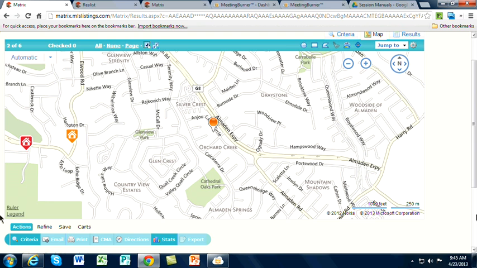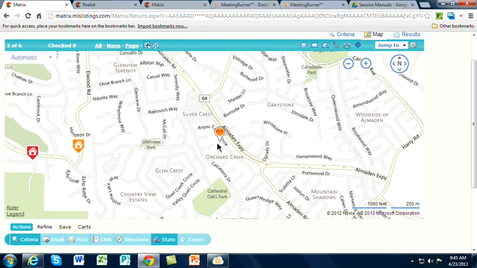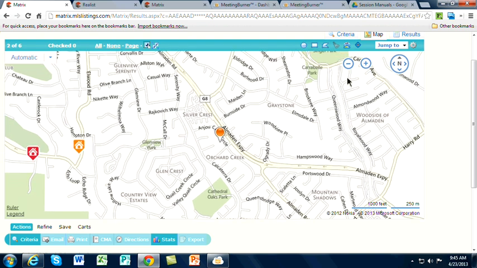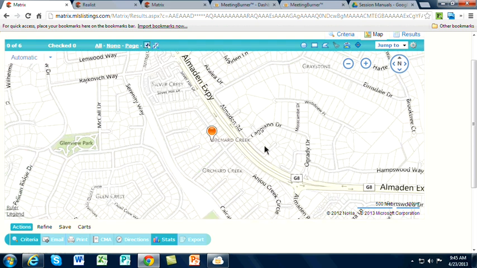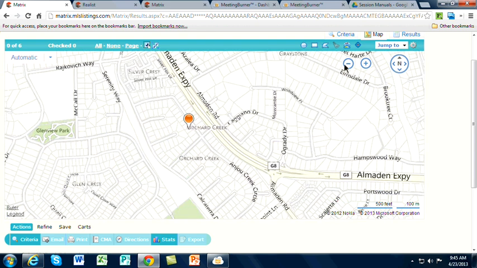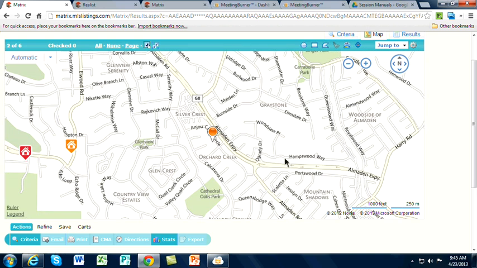Woodside of Almaden. This is the area I used to farm. You can see all of the buzz of activity there. By the way, what I would also recommend when you're doing a CMA is that the first thing you want to do is go drive and take a look at the house if you haven't seen it.